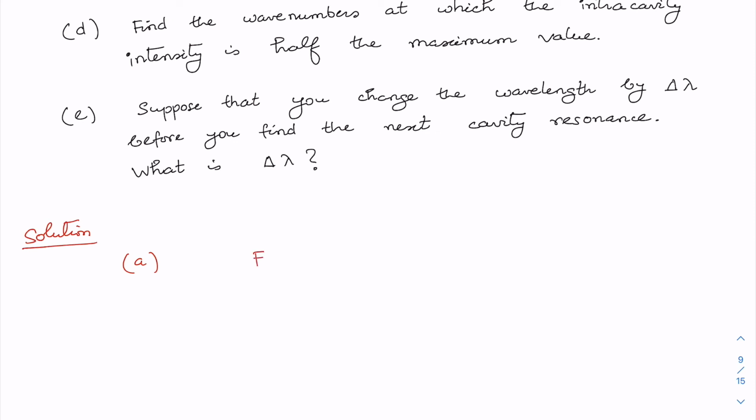We know that the free spectral range is given by c divided by twice the length of the cavity, where c is the speed of light in free space, 3 into 10 to the power 8 meters per second, and d is 1 centimeter, which is 10 to the power minus 2 meters.